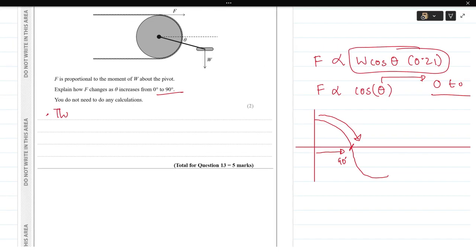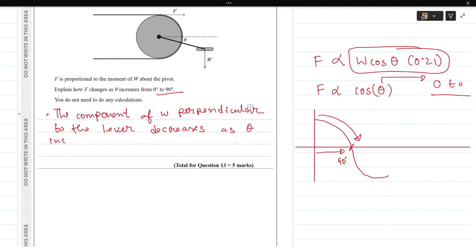So the component of W perpendicular to the lever decreases as theta increases from 0 to 90.